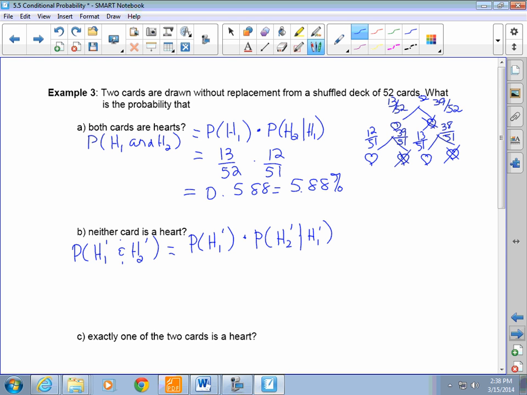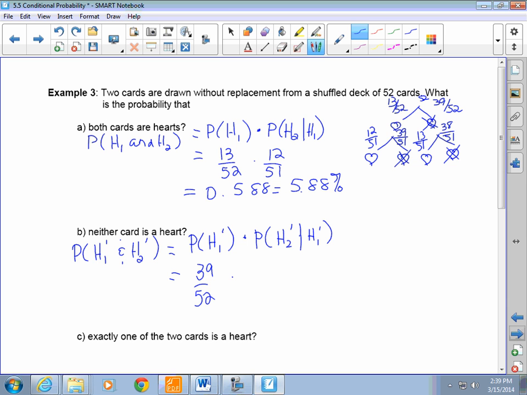So if I take a look at my numbers here, the probability that the first card I selected was not a heart was 39 out of 52. Didn't replace anything, so the probability the second card is not a heart, given that the first one was not a heart, is 38 out of 51.